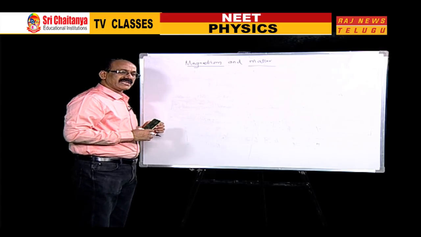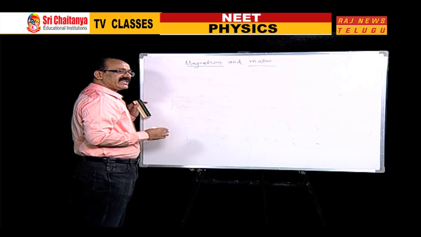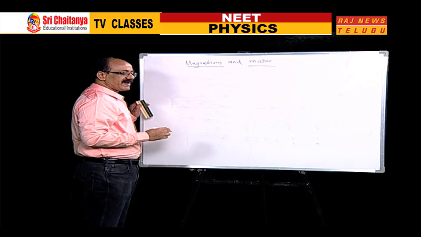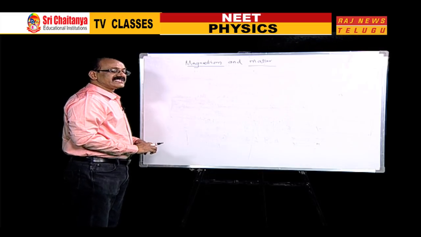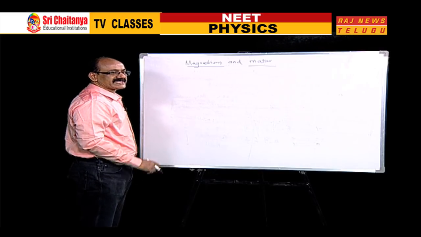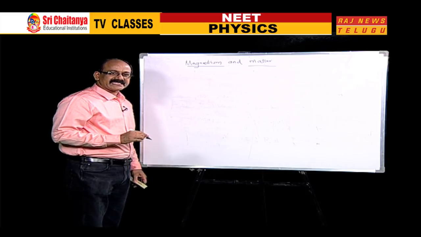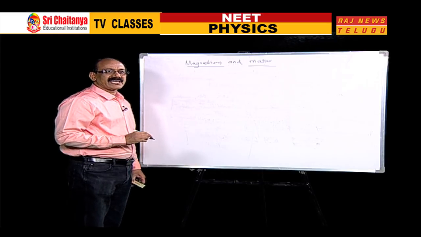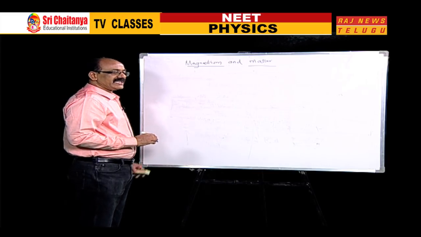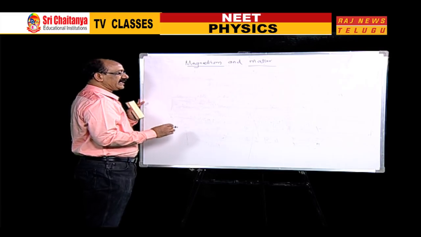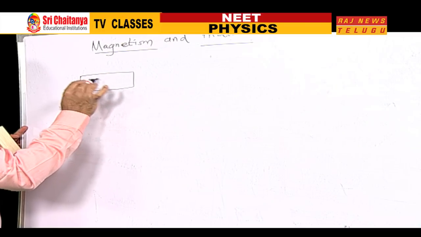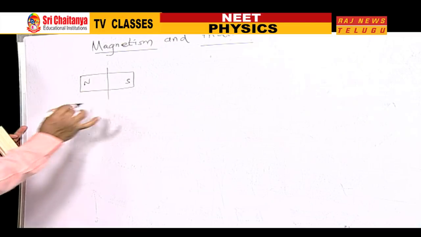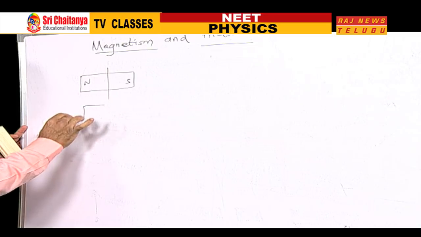What is a magnetic substance? A substance which is attracted by a magnet is called a magnetic substance. That magnetic substance, whether it is magnetized or not, will have molecular magnets. That is, as I told you, if this is a bar magnet and you cut it into pieces, each piece behaves like a magnet.